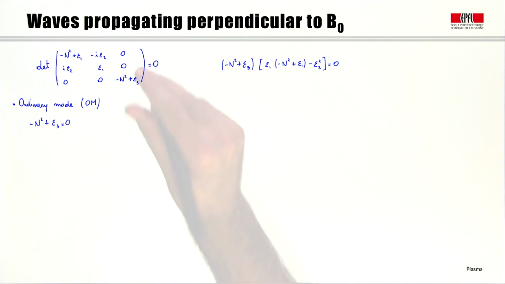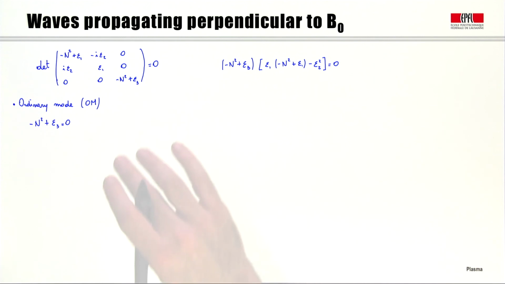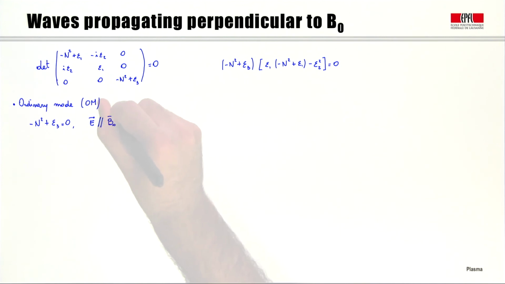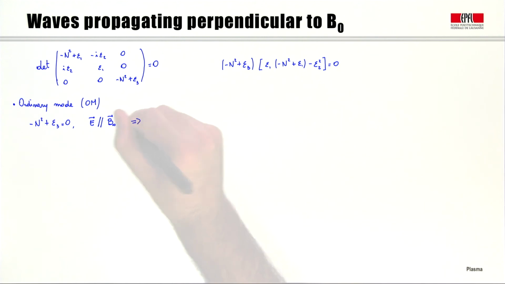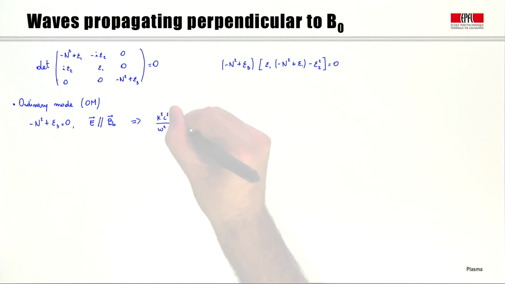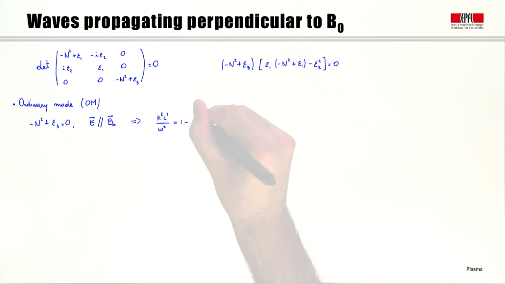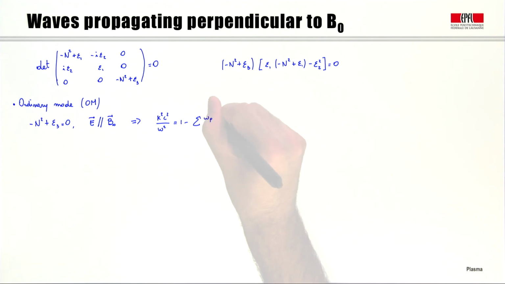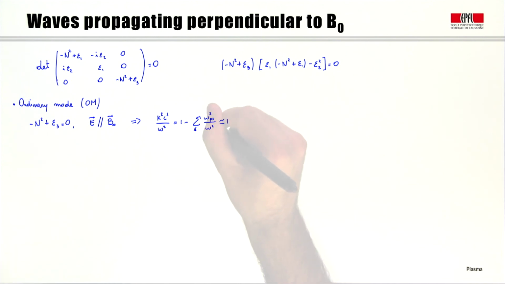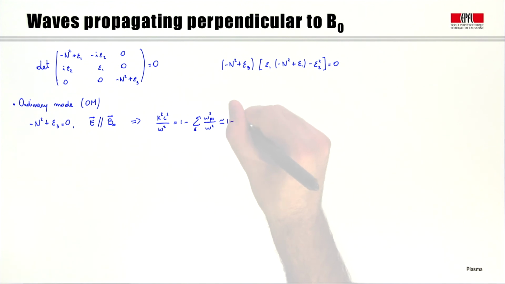In this case, the electric field is again in the direction parallel to B, therefore E is parallel to B0, and if you try to evaluate the dispersion relation, you plug the correct expression for epsilon 3, you find that k squared c squared divided by omega squared is equal to 1 minus the sum over all species present in the plasma of the plasma frequency squared divided by omega squared, which is approximately equal to, as the ion plasma frequency is much lower than the electron one, 1 minus omega pe squared divided by omega squared.